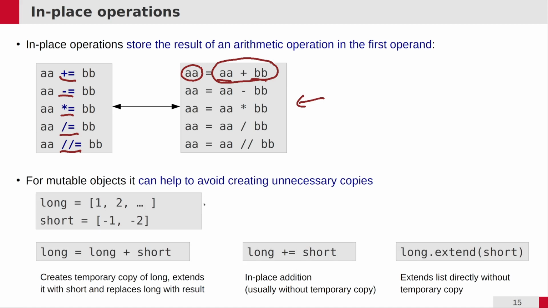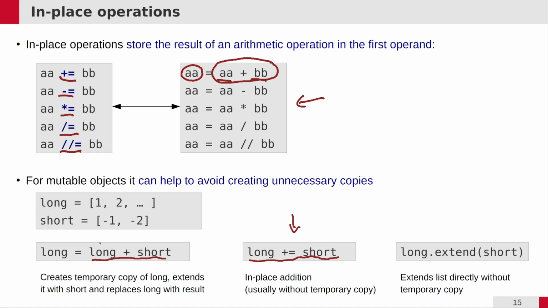The reason why I'm talking about this is because for mutable objects, it makes a difference whether you write long is equal long plus short, when long and short are two lists, where long is a long list and short is a short list, or whether you write long plus equal short. The end result would be the same. However, if you use the in-place operation, Python has the possibility to optimize it.